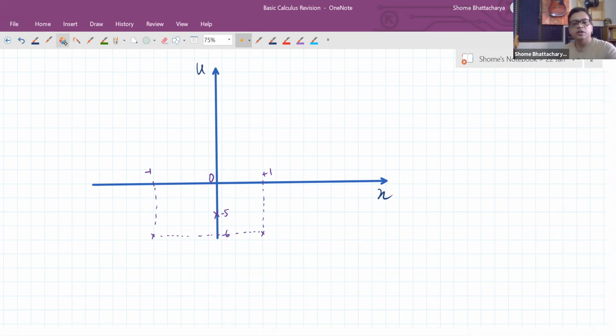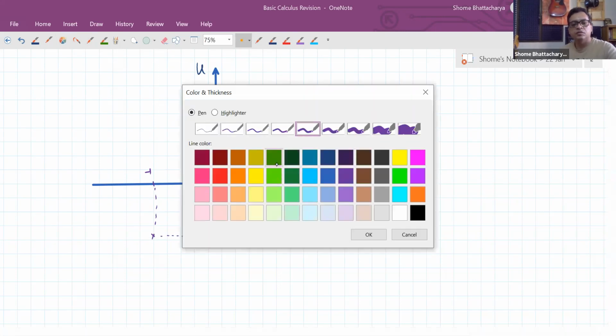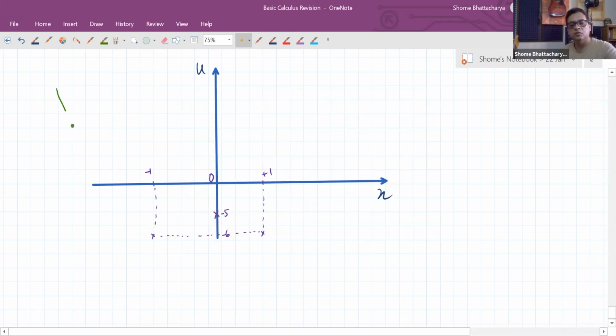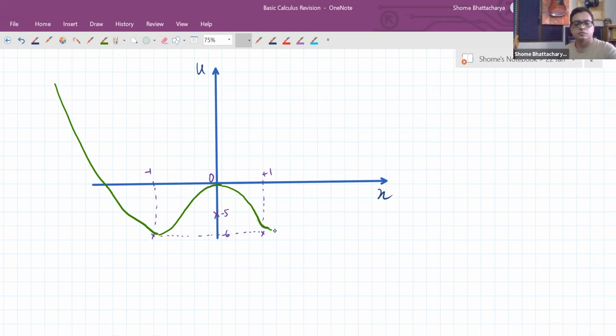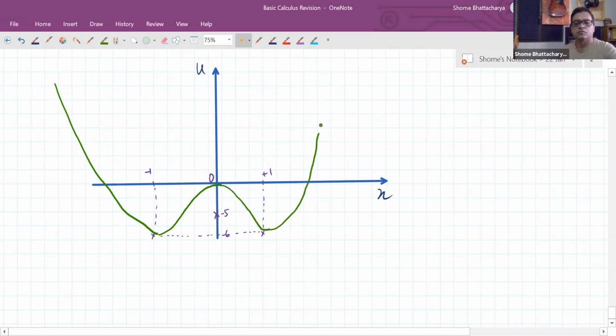So in other words, the potential energy graph should become something like this now. Should become some kind of symmetric graph like this.